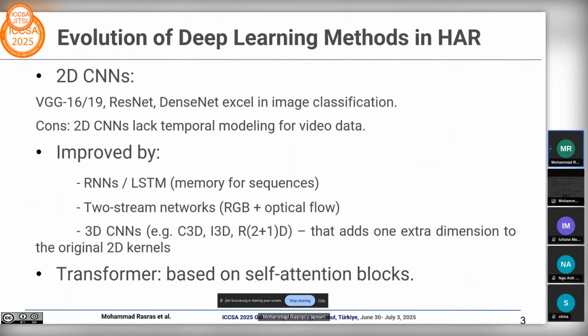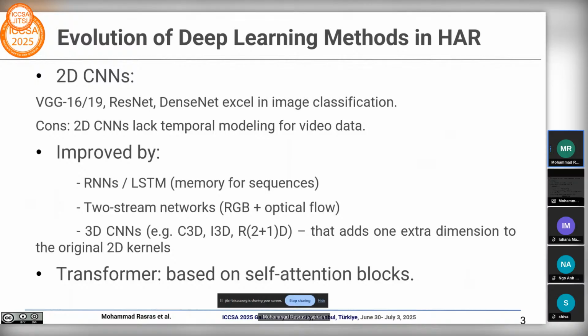Then scientists started to improve this by adding RNNs or LSTM, which is long short-term memory, at the end of the 2D CNN in order to improve memory of sequences. They also used two-stream paths of the 2D CNN, one working on RGB data and the other on optical flow.